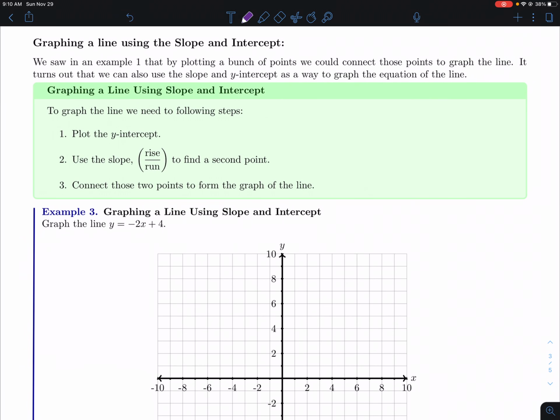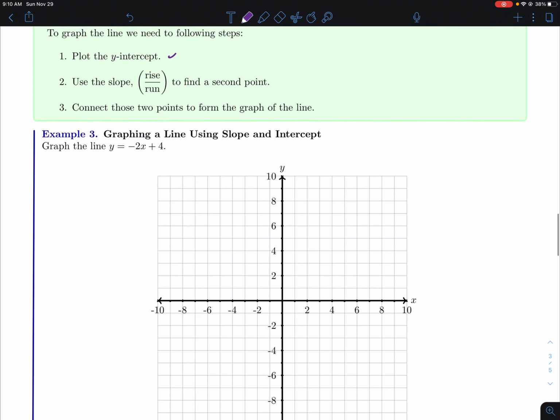All right, so hopefully everybody was able to identify all the different parts. In this case, we want to use the fact that we know the slope and the y-intercept as a way to graph. First, we're going to find the y-intercept, plot its point, use the slope to figure out the second point, connect those two points, and that gives us our line.